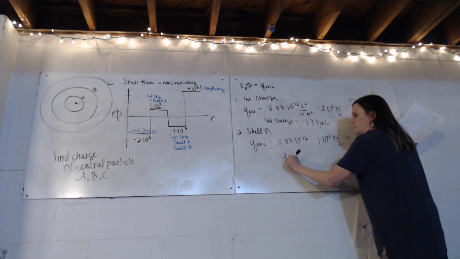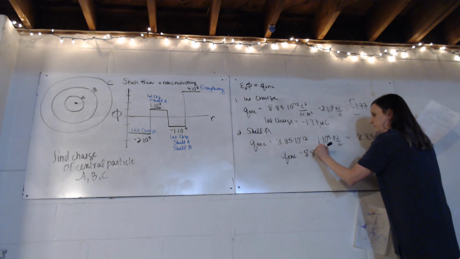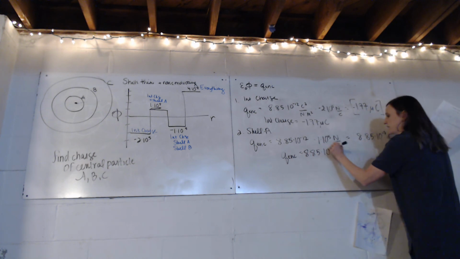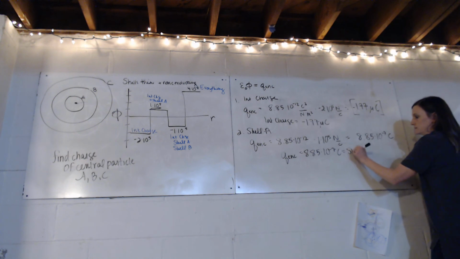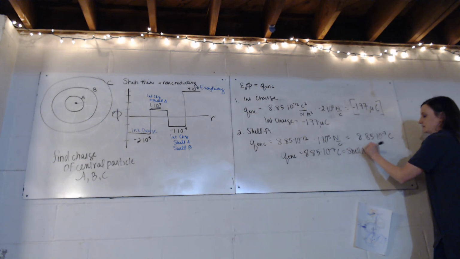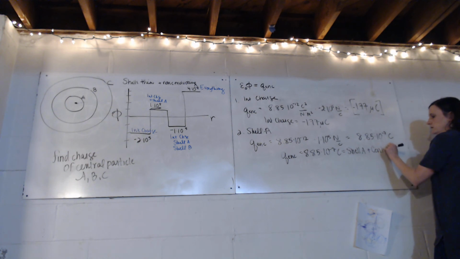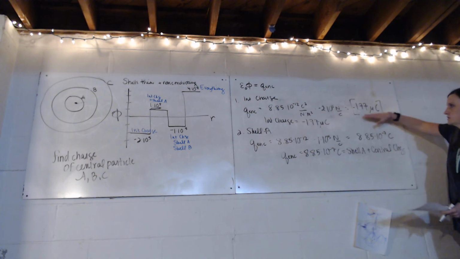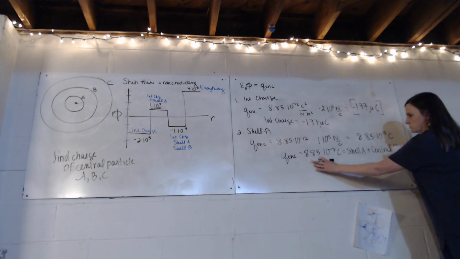Now, this is my charge enclosed. My charge enclosed, which is equal to 8.85 times 10 to the negative 7, includes shell A plus the central charge. Well, I know the central charge. That is negative 1.77 microcoulombs. So for shell A, I'd have to subtract the central charge from this side.